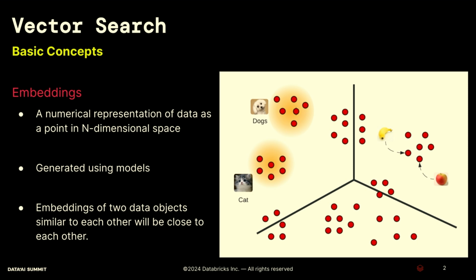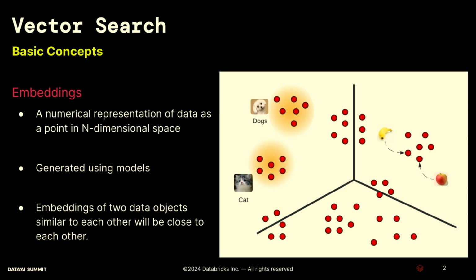Because if the model was generating random embeddings, you would have these points all over the space. But if you have a really good model, and this is where the power of vector search comes in, it can have a property that if you have two data points which are similar to each other semantically, it guarantees that the embeddings, the data points in the n-dimensional space, are close to each other.